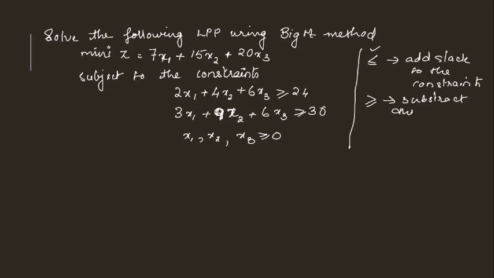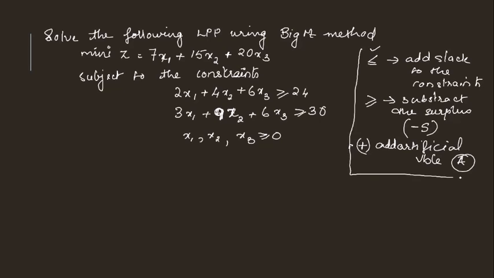And when you subtract the surplus variable, say minus s, we will have to add another variable called the artificial variable, a. So this is what you have to do with regards to the constraint.